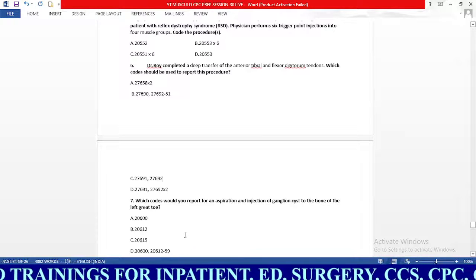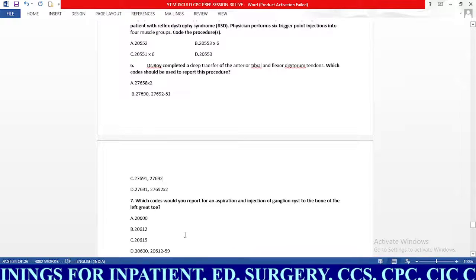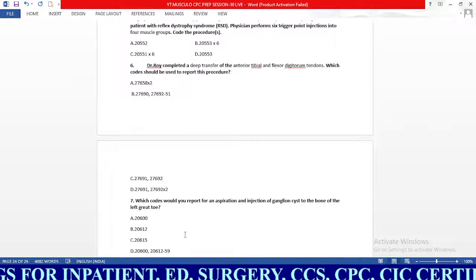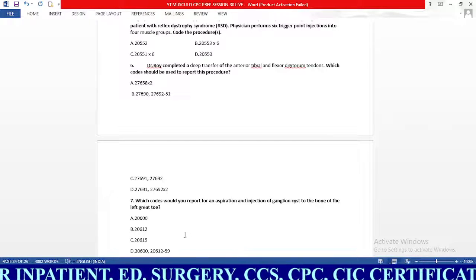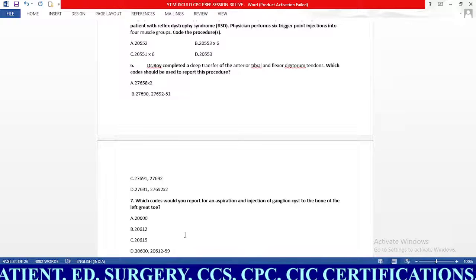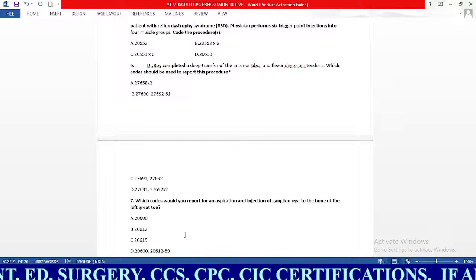So try to answer the seventh question. First, try to find the keywords, then choose your correct answer.